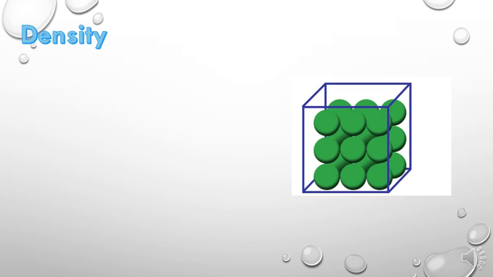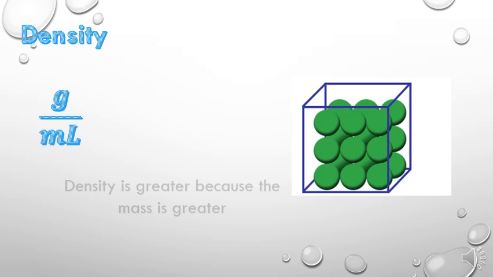Let's take a look at this box. Do you think the density is going to be more or less? If you said more, you're absolutely right. Clearly, they're packed in there a lot more tightly. The density is greater in this case because the mass is greater.